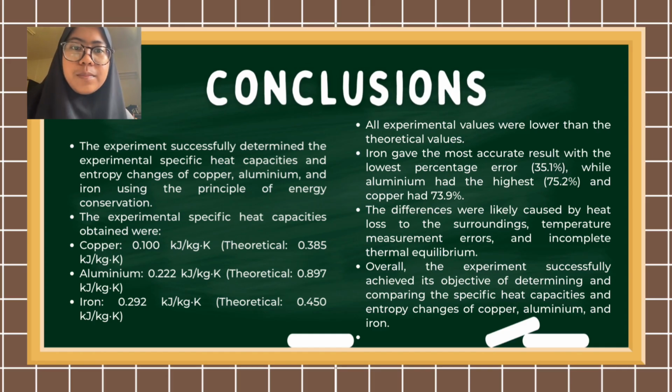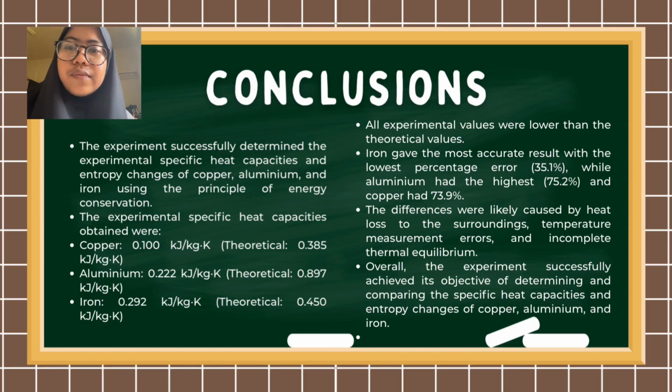So moving on to the conclusion, the experiment successfully determined the experimental specific heat capacities and entropy changes of copper, aluminium, and iron using the principle of energy conservation. The experimental specific heat capacities obtained were copper 0.1 kilojoule per kilogram Kelvin, where theoretical is 0.385; aluminium 0.22, and theoretical is 0.897; iron 0.292, and theoretical 0.45 kilojoule per kilogram Kelvin.